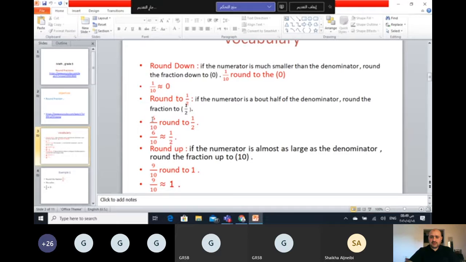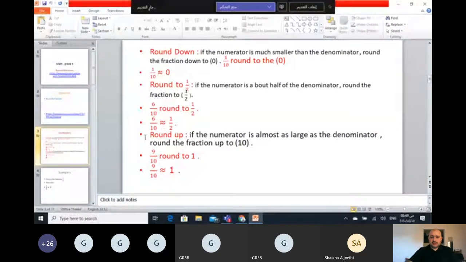So if the numerator is about half of the denominator, I can round the fraction to the half. I can write 6 over 10 is approximately equal to 1 over 2.